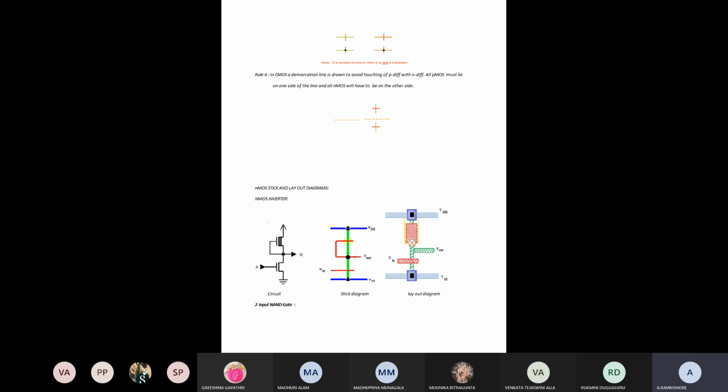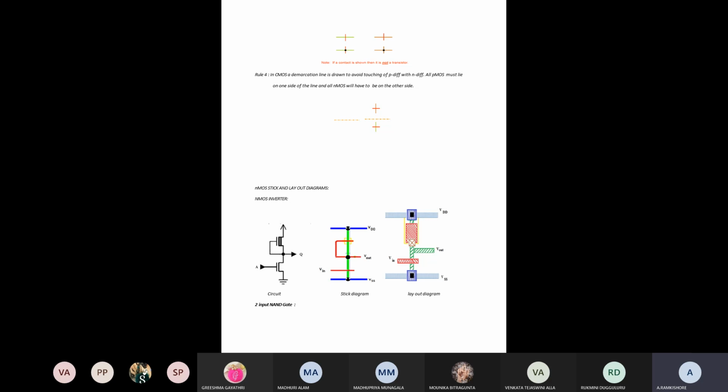There is no channel formation in the enhancement mode transistor, so the operation is not performed and it will be off. Off means the enhancement transistor acts like an open switch, so there is no flow from VDD to ground.